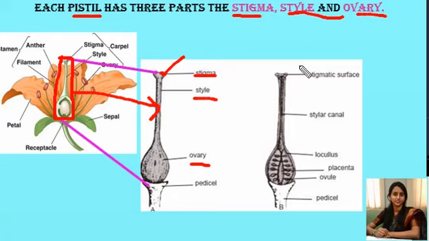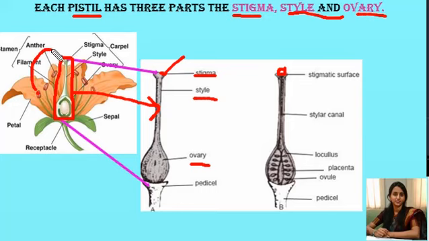This is the longitudinal section of the ovary. This is the stigmatic surface. The stigma serves as a landing platform for the pollen grains. Pollen grains are the male gametophyte, as we discussed in the previous video, when pollination takes place. What is pollination?